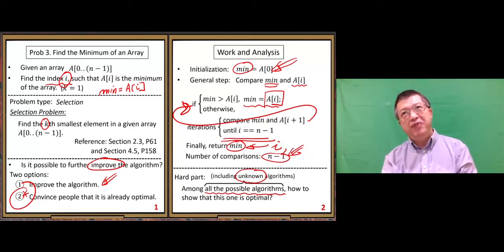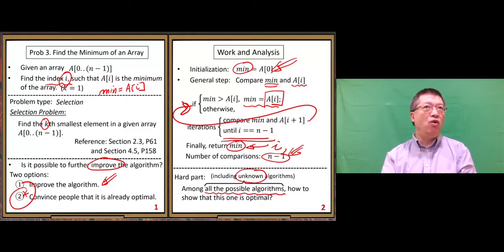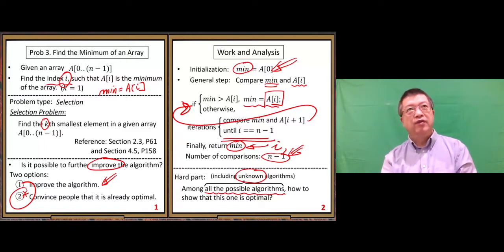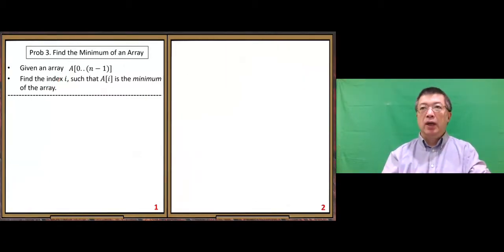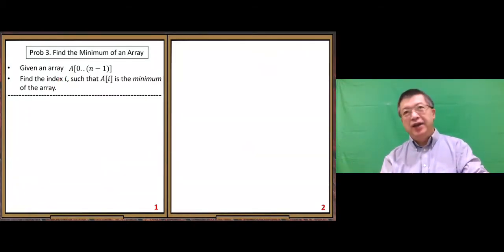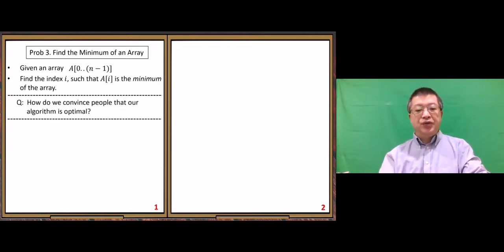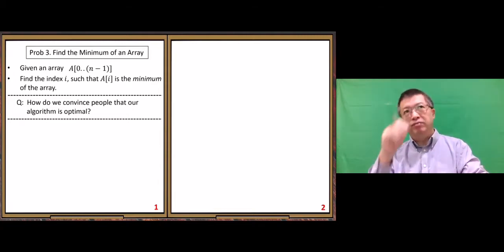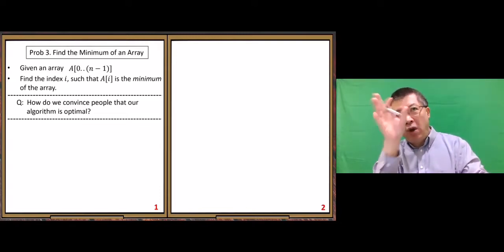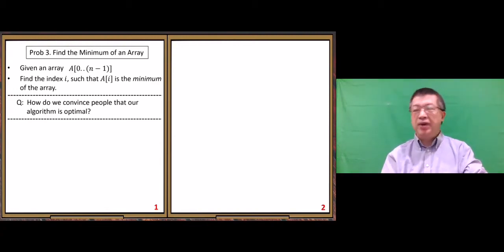We can find that property that covers all algorithms for the minimum problem. In this slide, we will answer this question: how do we convince people that our algorithm is optimal? Not very hard, not very long. If we get that critical property, we can do that.